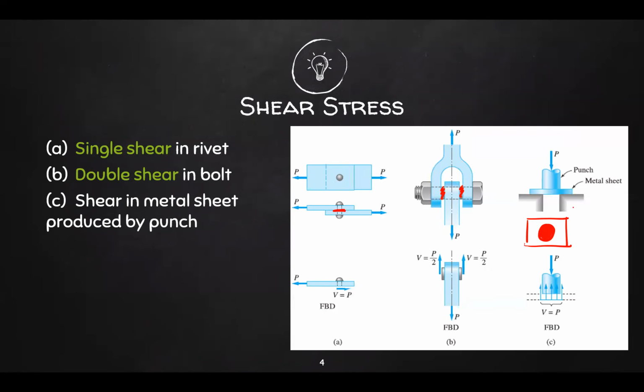And then the area that's experiencing the shear stress is the perimeter of the hole because this portion of your metal sheet will slide downward while this portion will remain stationary. So therefore the perimeter of this hole is the one experiencing shear stress. And V equals P, shear force equals your applied force.